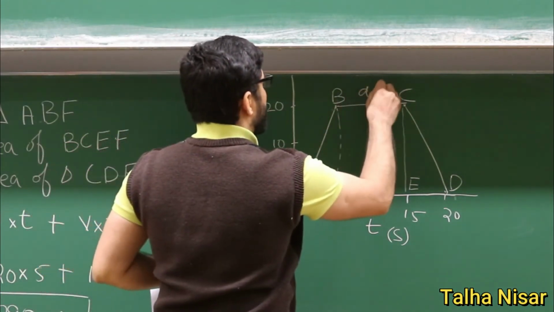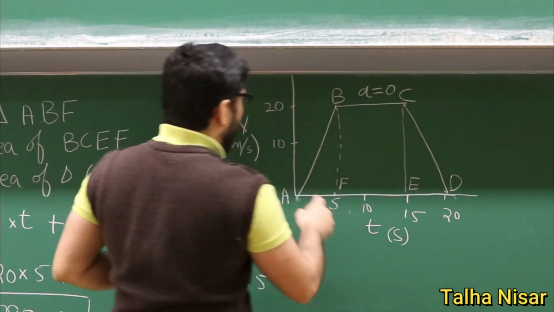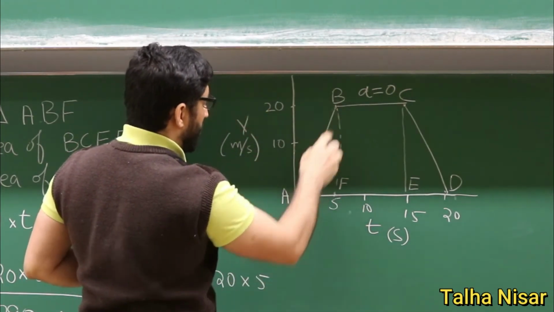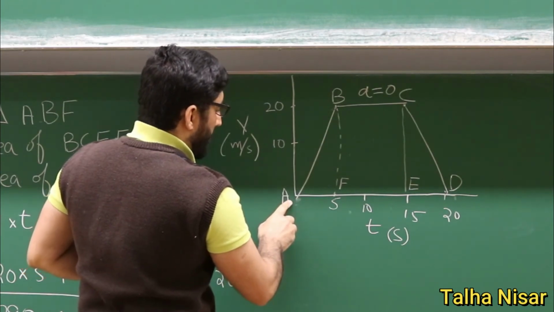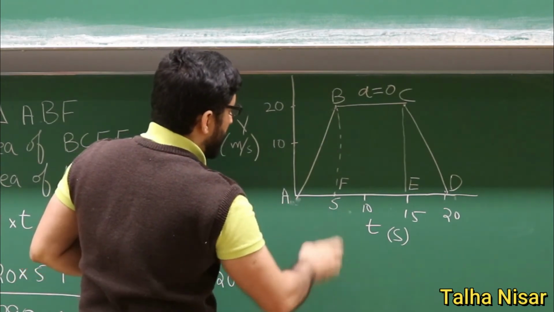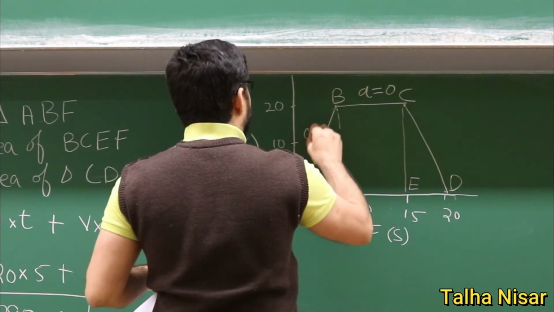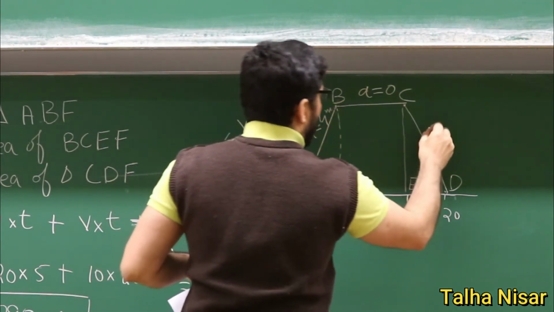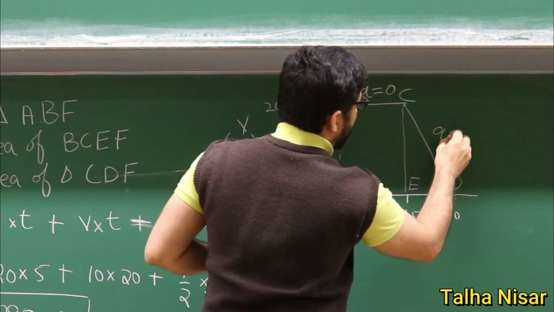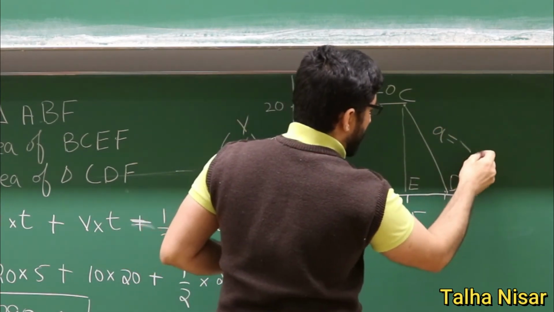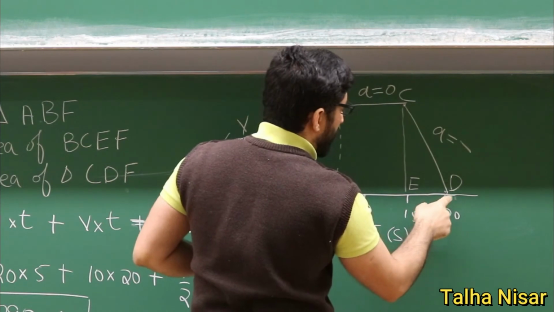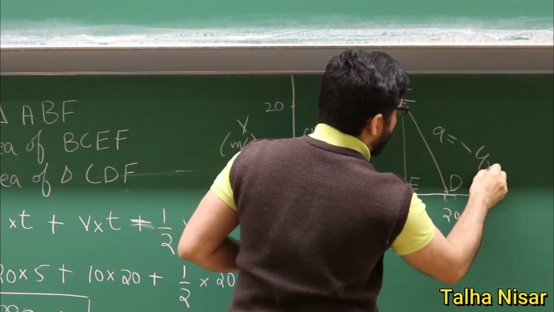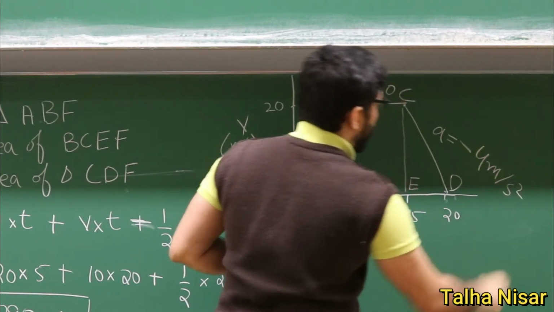Here the acceleration is 0. If we calculate the acceleration between A and B, the change in velocity is the final velocity minus the initial velocity of 0, divided by the time, so we will get 4 meters per second squared. And here we will get a equals minus 4 meters per second squared, because the final velocity is 0 and it's decreasing.